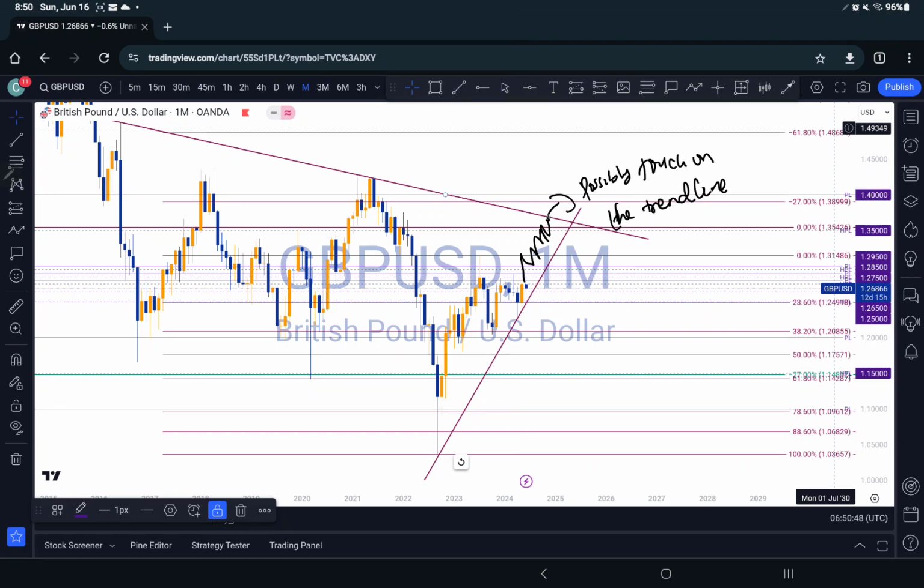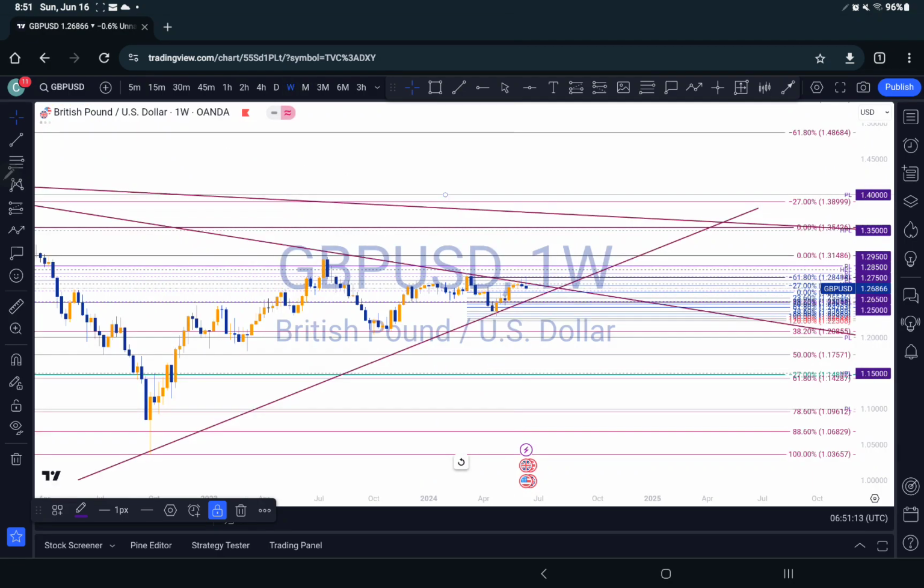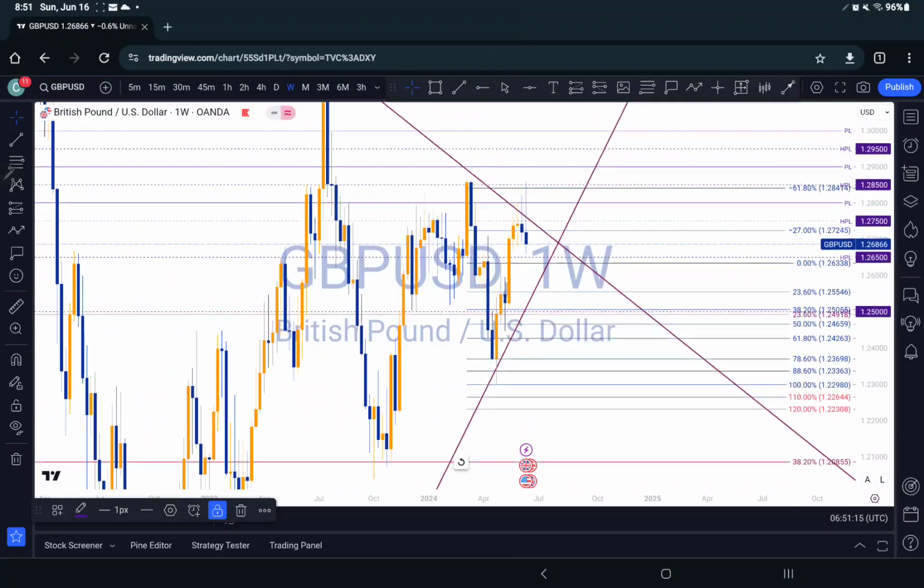Then when we get to this trend line, we determine how the market reacts around it. We determine if we're going to continue to push to the downside or break the trend line and push to the upside, right? But that's for future reference because we are intraday traders and this is the monthly time frame. So let's go to a smaller time frame and see what we are looking at right here.